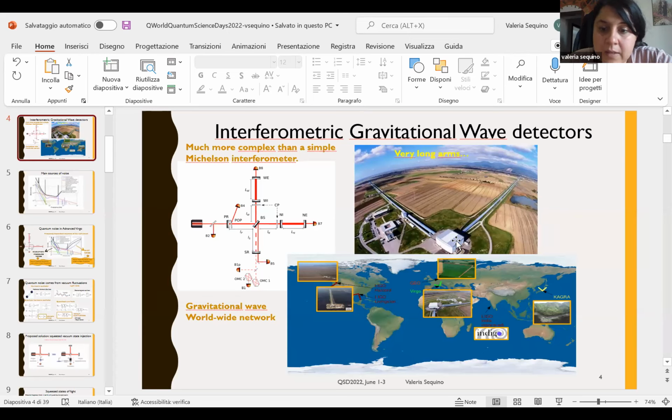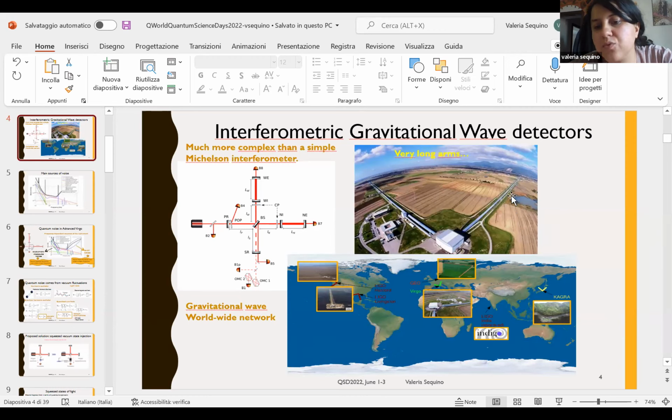And maybe there is also another thing. We can see the effect of the gravitational wave that impinges on the interferometer orthogonally with respect to the plane of the interferometer.